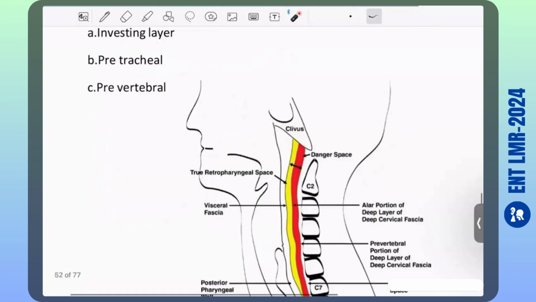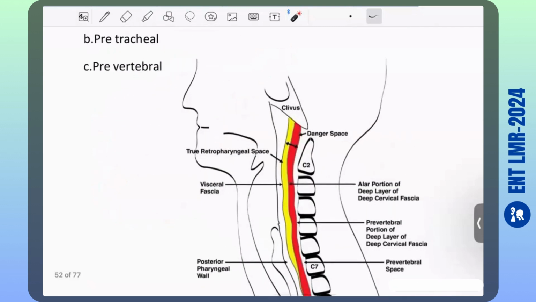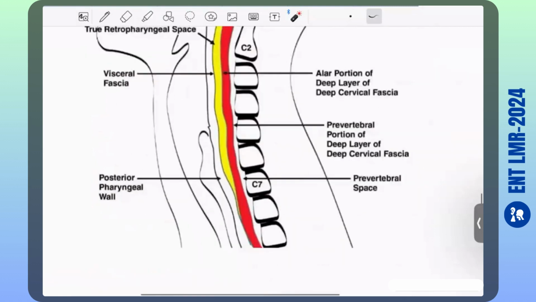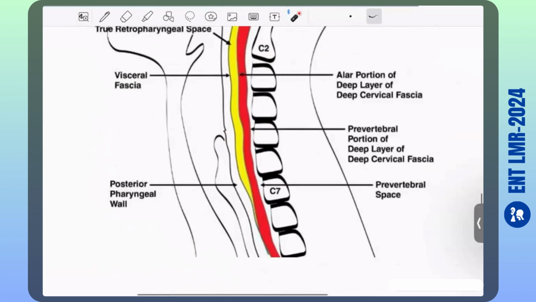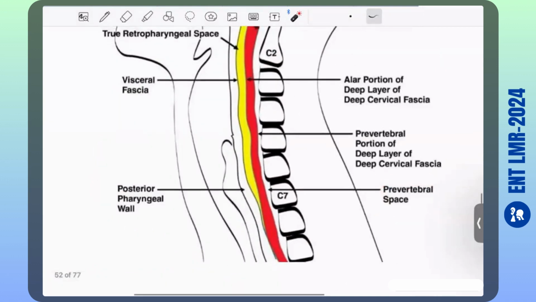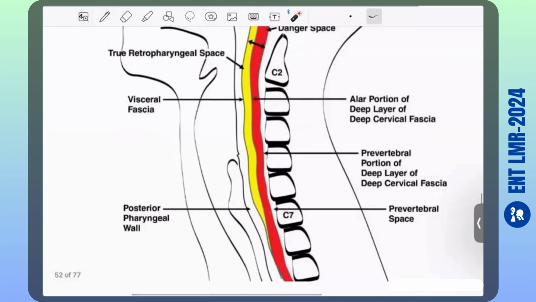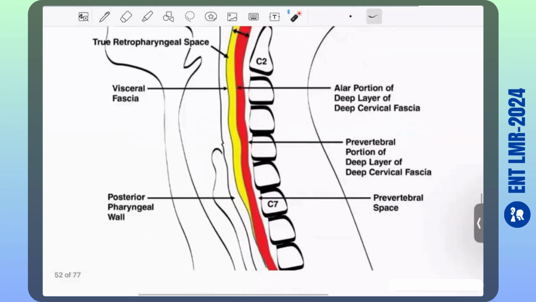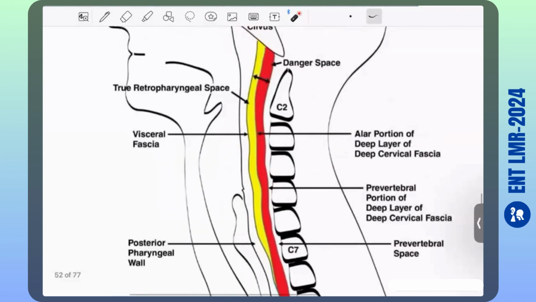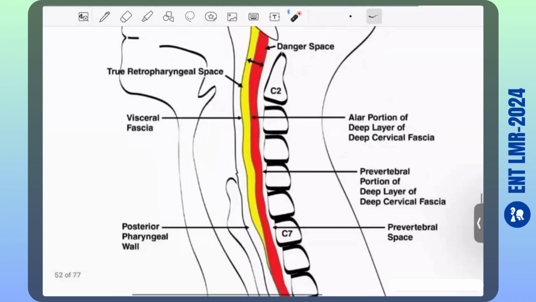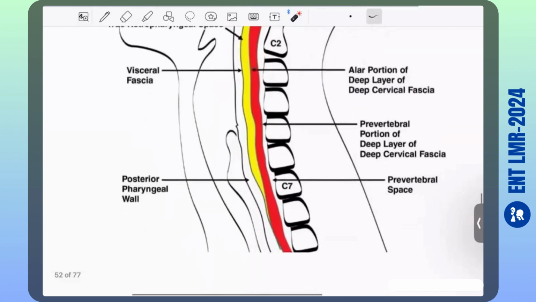So what is important in this, sir? We have a lot of spaces formed by these fasciae. See here, we have the vertebra. In front of the vertebra, we have the prevertebral space. The prevertebral space is found behind the prevertebral fascia. That is very, very important.